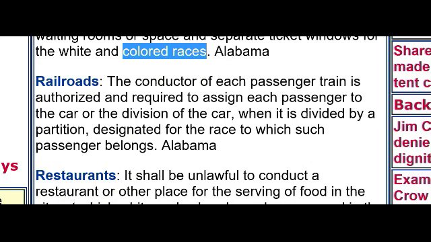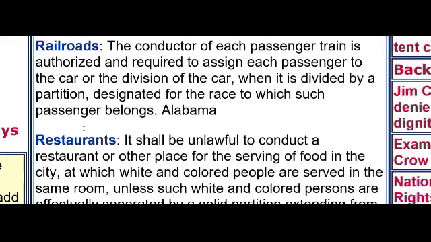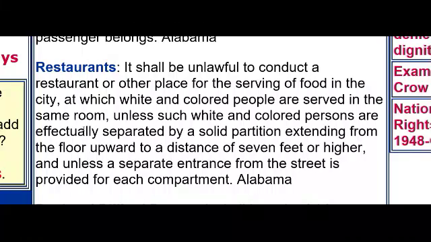Railroads, divided by a partition designated for the race to which such passenger belongs. Which are you, a citizen or a non-citizen? Because us citizens, we got it a little bit better than y'all. They got to show us that. Our government has to do that because we are citizens and you are not. And so you got to treat us better.